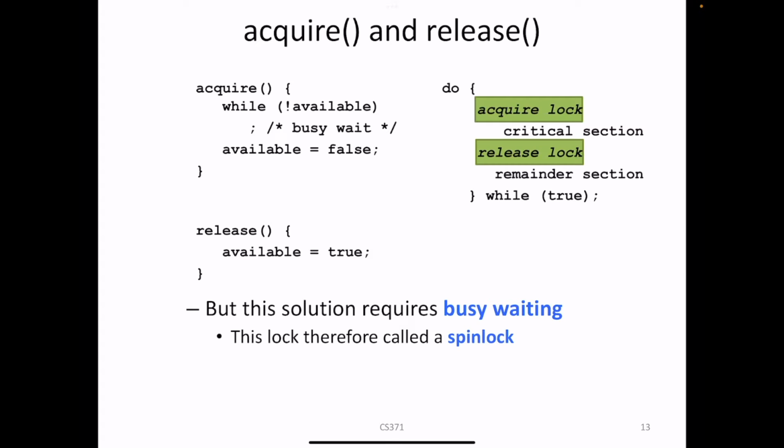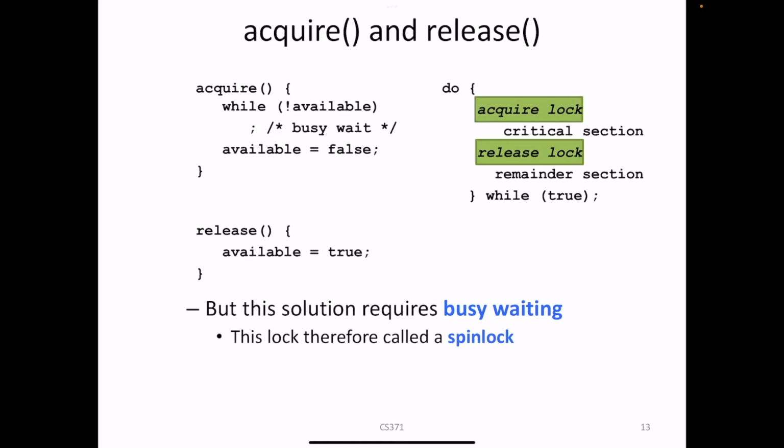Then let's see a simple example. Assume we have two processes, P1 and P2. Both P1 and P2 want to access their critical section. First, we put P1 onto the CPU. P1 will call the acquire function to get the lock.